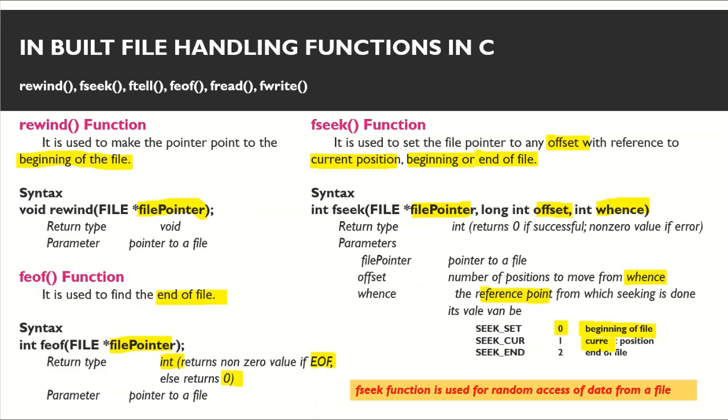It can be the current position, for which the value is 1, or we can write SEEK_CUR. Third one is end of file. If the reference point is end of file, we can write 2 or SEEK_END. The fseek function is used for the random access of data from the files.